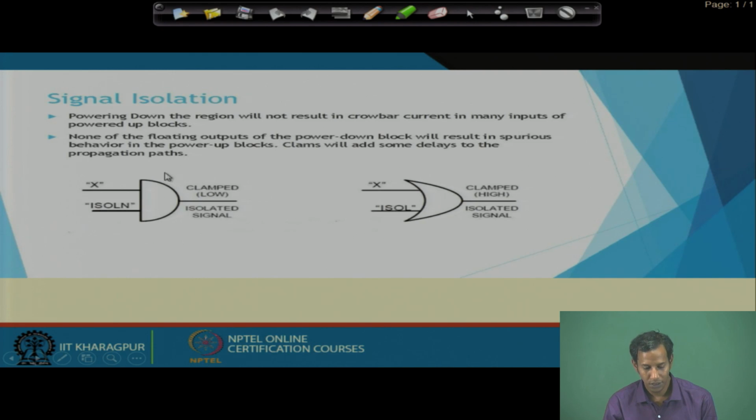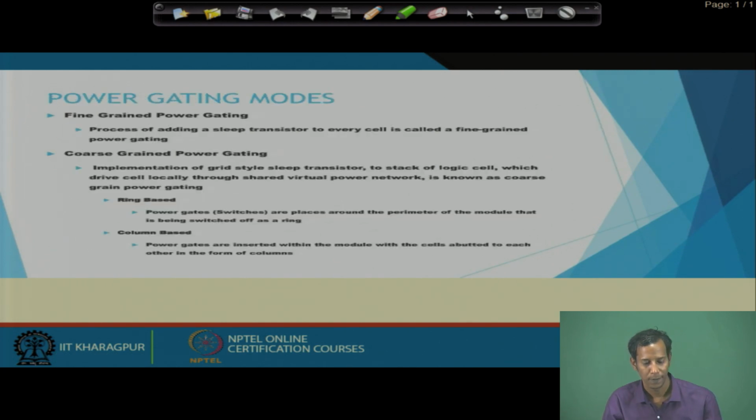So, for blocks that need the signal to be isolated, we can put an AND gate with this particular enable signal, which is the isolation, and then it is provided to the corresponding gates to reduce the power consumption.